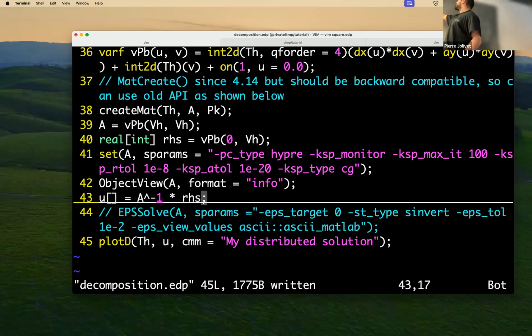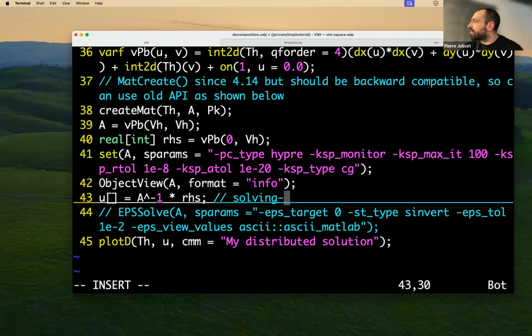Okay, and so because we need to apply this inverse, the action of the inverse of A on multiple vectors, we will need to use a Krylov solver, and we will need to use a KSP.